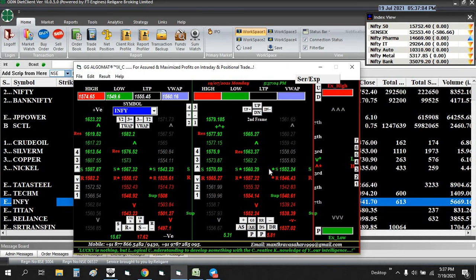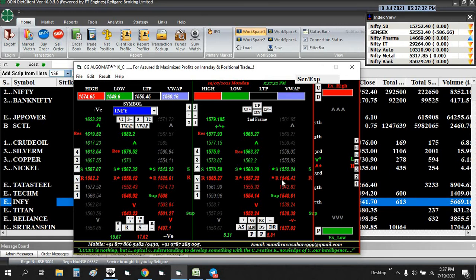Now what I have told you, at least it should reach this zone or otherwise this zone. Whenever your open price lies here, you can expect this zone or otherwise this zone. But if your open price is here, the maximum it can go up to is this 55 level to 57 level. It will reach this particular area and it will fall, or sometimes it will fall from this area itself.